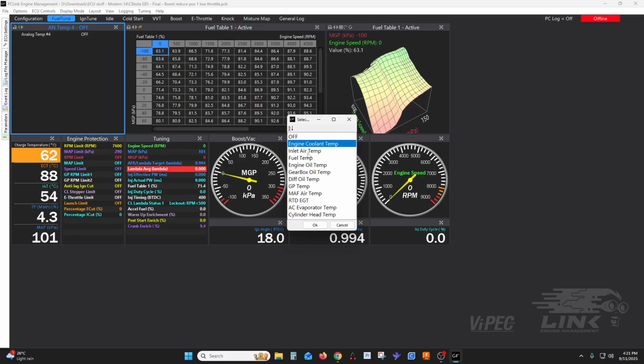So we've already got an engine coolant temp sensor. We've already got a normal air inlet temp sensor. I don't really need to know the fuel temperature, although the ethanol sensor does that already. Got an engine oil temperature sensor. Don't really need to know about gearbox, diff. General purpose temp, maybe.